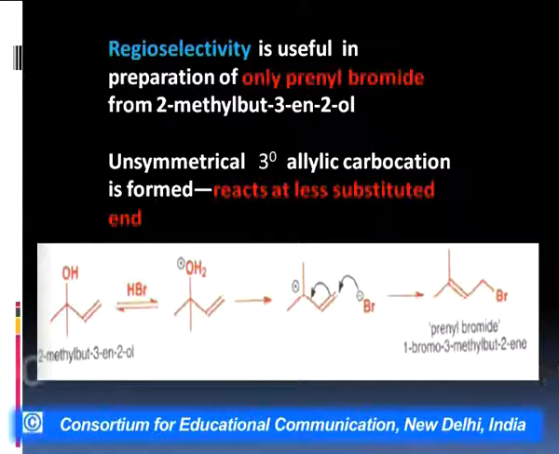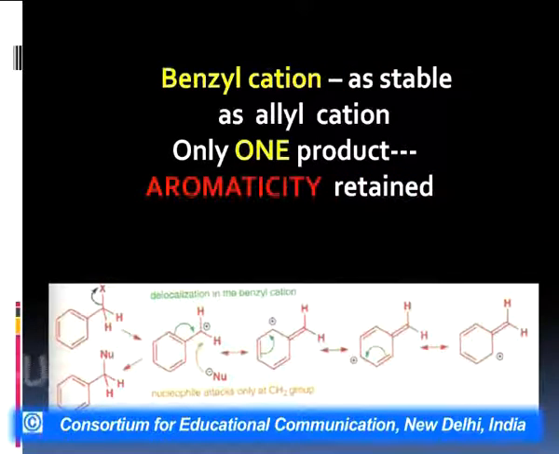Now we know that steric effect is playing a very important role here. So what we get here is exclusively prenyl bromide, that is 1-bromo-3-methyl-but-2-ene, as the major product in this reaction, because here the steric hindrance is less and we are getting only this product. So in this case, regioselectivity is a blessing in disguise.